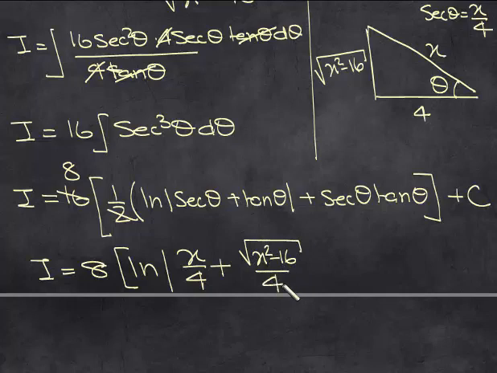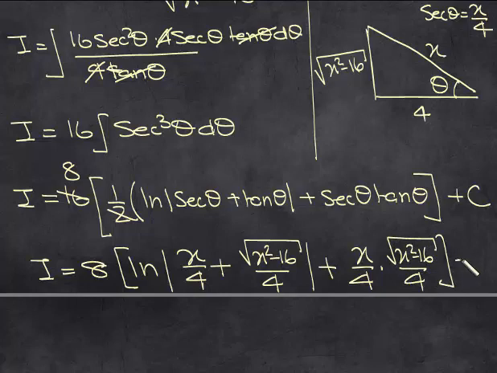Is that right so far? And then remember what I said, these log terms have the same denominator, so we can combine those, right? Like we did that with numbers. So that way you can clean this mess up a little bit. So you should end up with 8 ln of x plus this plus x times the square root of x squared minus 16, plus c.